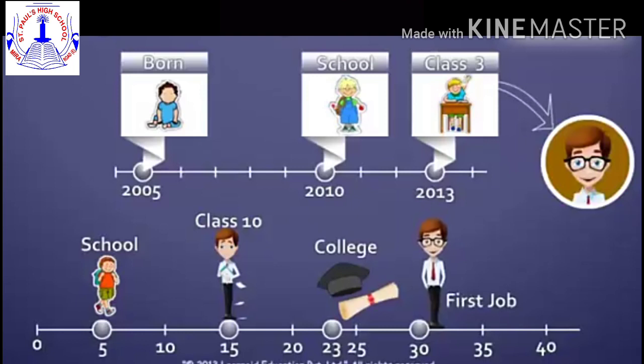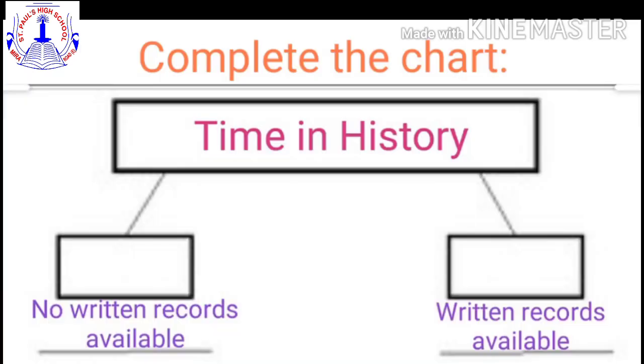Like that, you can add any of the events in the timeline. The second homework is you have to complete the chart of time in history by referring to the lesson. Children, besides that, you have to go through the notes which we have discussed in this video.